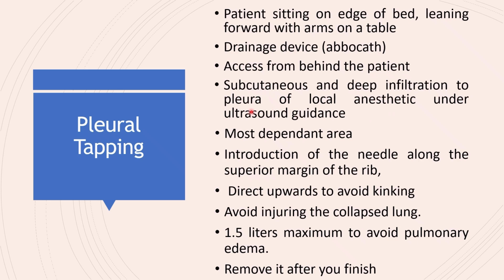Also use the most dependent area. We introduce the needle along the superior margin of the rib, better than the lower margin, to avoid injury of the neurovascular bundle. 1.5 liters is the maximum to avoid pulmonary edema, and then we remove the catheter or the needle after finishing.